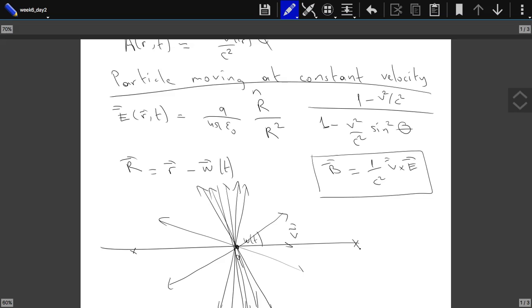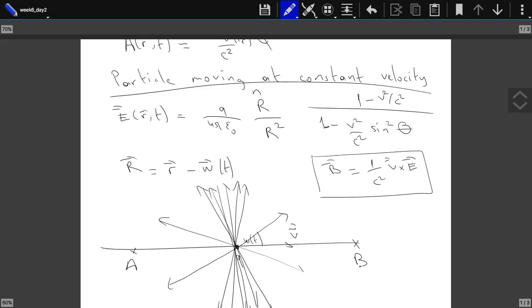The other one is at theta equal to pi. So what is sine of 0? What is sine of pi? So this factor is also the same. So you see that the magnitude of the electric field at point A and at point B will be the same. They are just pointing in opposite directions.